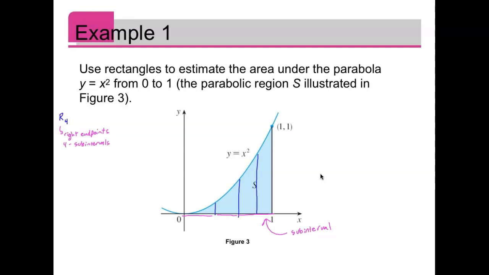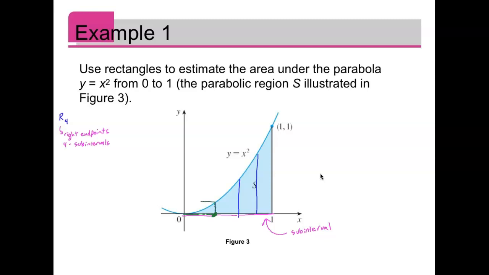R is going to indicate what we're using to get the height of our rectangle. So here's what R means. On each subinterval, I'm going to go to the right-hand endpoint. So first subinterval, this would be the right endpoint, right? And then I'm going to trace up until I hit the curve. Boom. That's going to be the height of my rectangle on that subinterval.